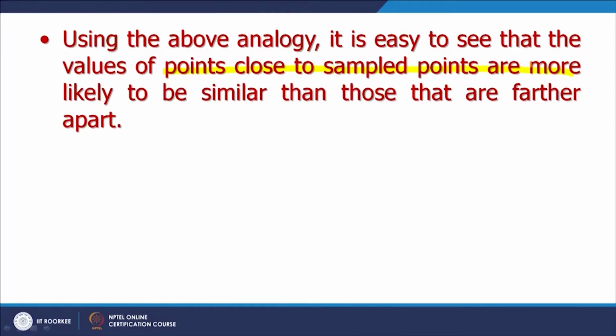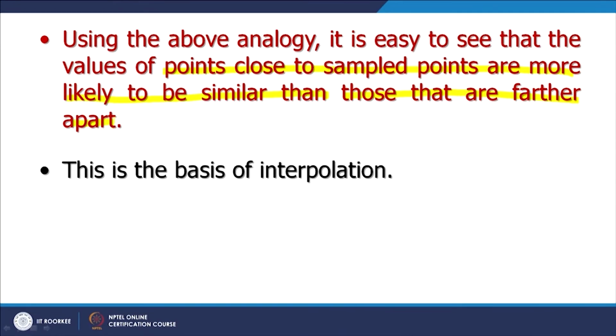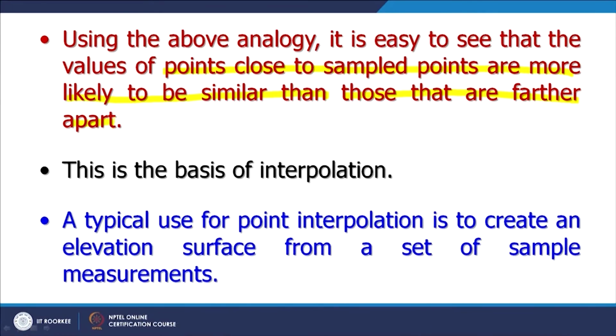That means close sample points are more likely to be similar than those further apart. Same Tobler's concept, and this is basically the basis of all interpolation techniques which we will be discussing later.